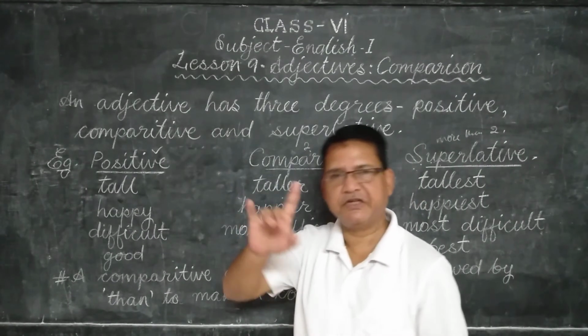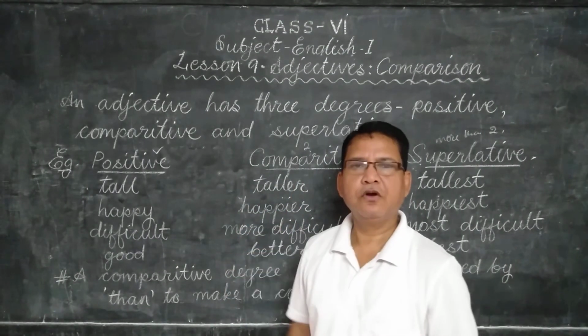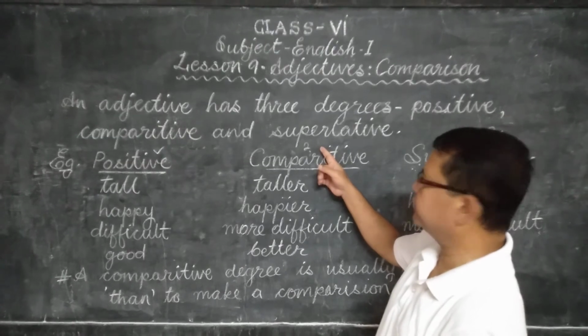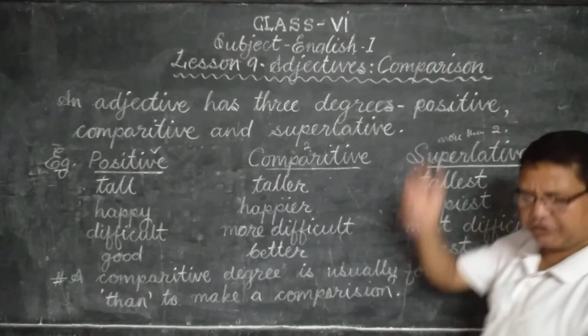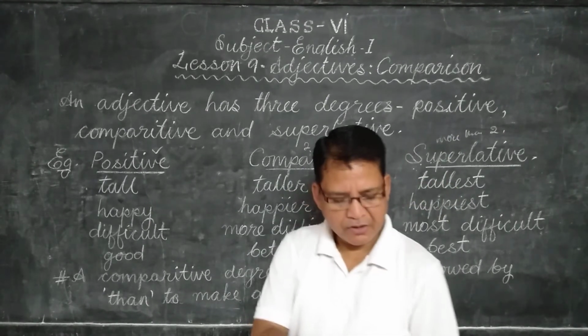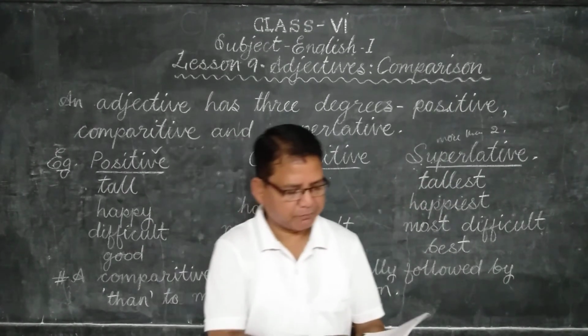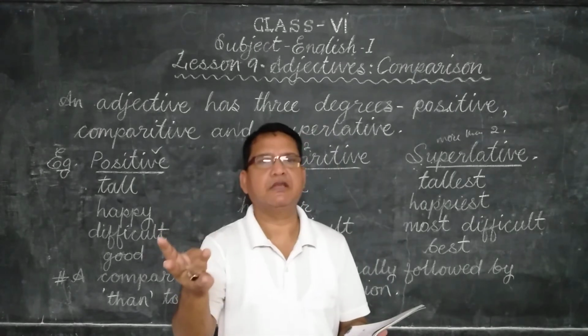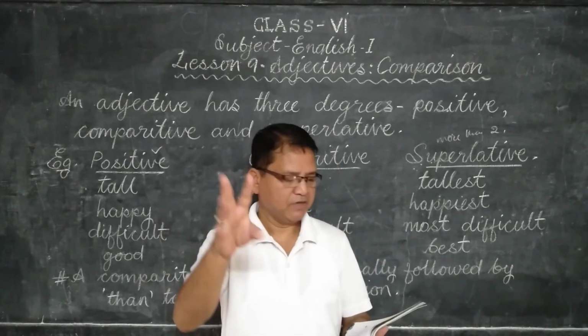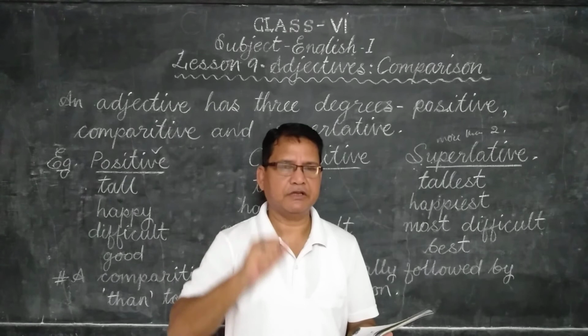Positive degree is for a single person. Comparative degree, we compare between 2 persons, places and things. Superlative is for more than 2. Let us see. Ram is dash than his brother. We are talking about Ram and his brother. 2 persons.